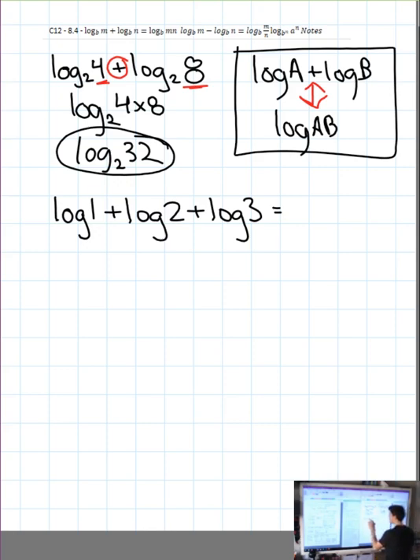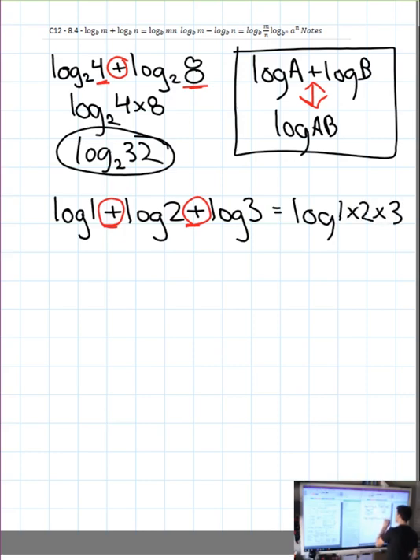So I have additions. So we're going to turn this into a single logarithm. Log, and because they're adding, I'm simply going to multiply. So 1 times 2 times 3 is log 6.